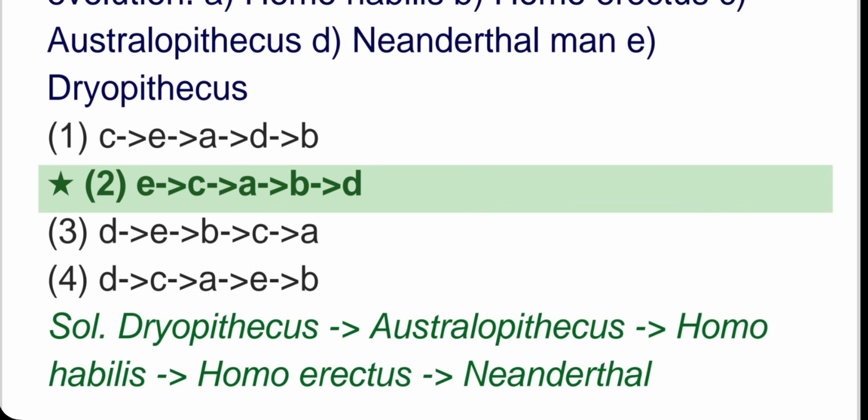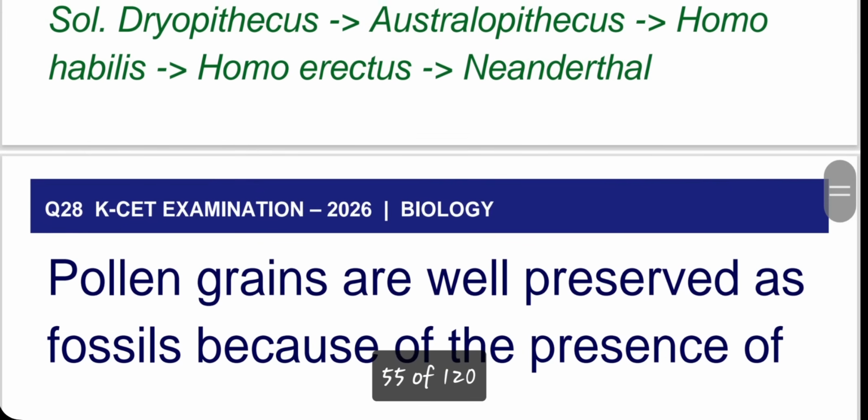D is Dryopithecus, R is Ramapithecus, A is Australopithecus, H is Homo habilis, E is Homo erectus, N is Homo neanderthalensis, S is Homo sapiens. ECABD, so the second one is the correct option. That is how you remember all of them in the same sequence.